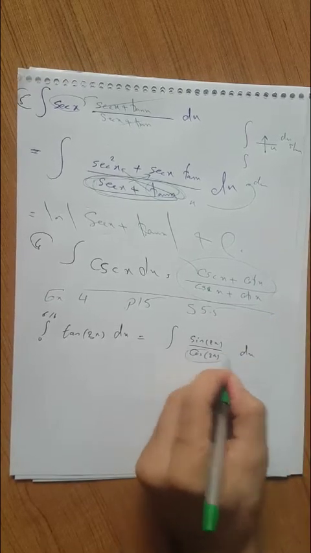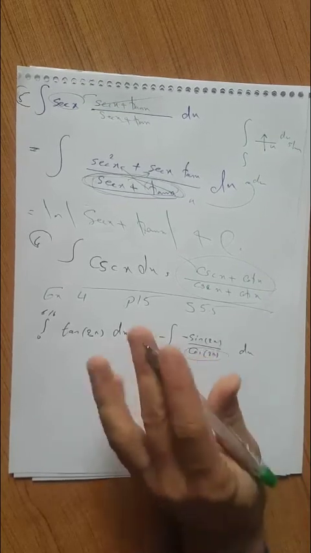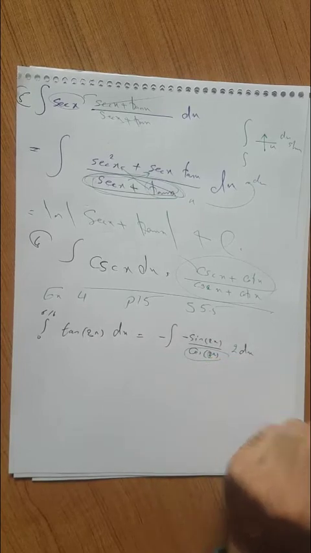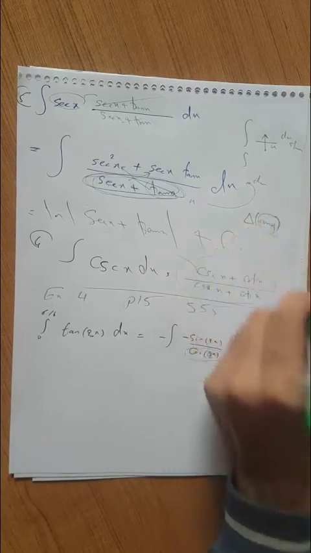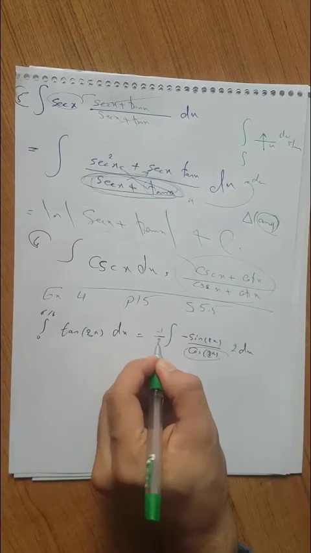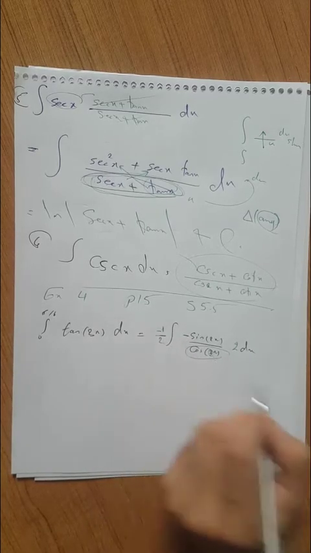And the derivative of the cosine here is equal to minus sine 2x multiplied by 2. You know why? Because I have an angle here. I told you, if you have an angle, you need the derivative of the angle. So here you need 2 and 1 over 2 here. So minus for the cosine, 1 over 2 for the angle.